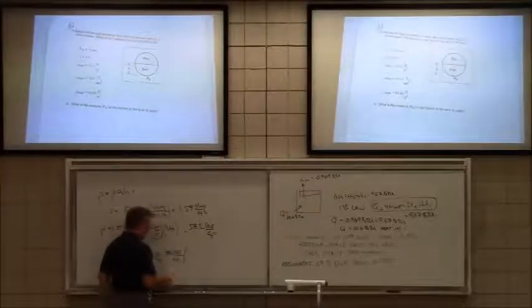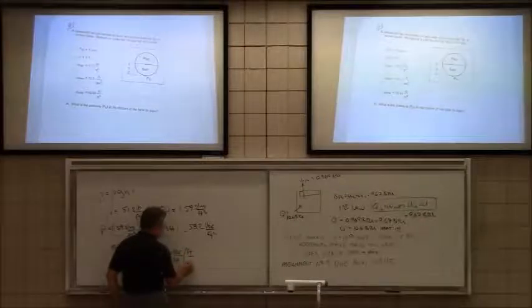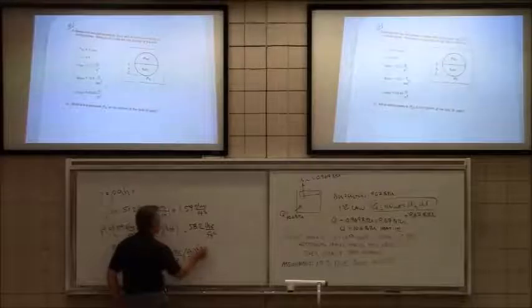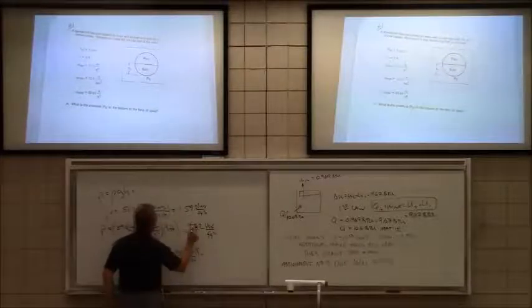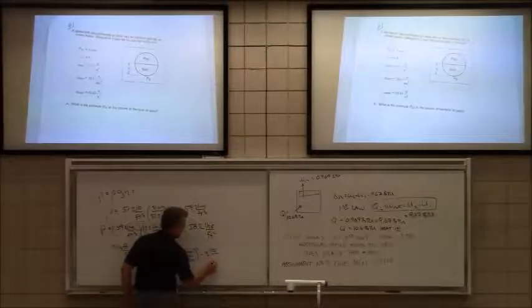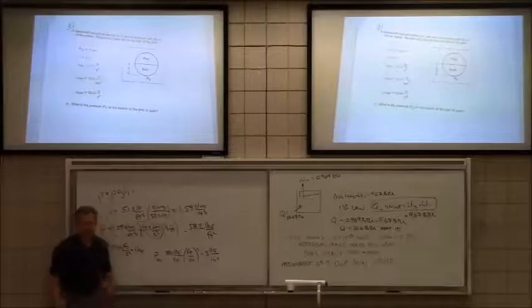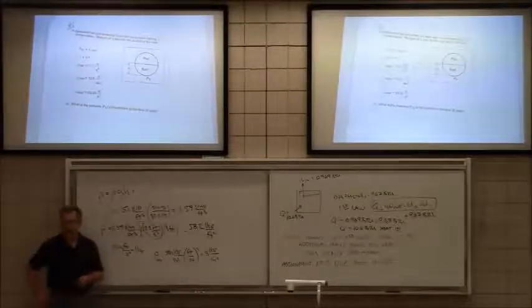Times what? If I want to convert it to PSIA, this is then feet over 12 inches squared plus what? 3 pounds force per inches squared. And that would be the absolute pressure.